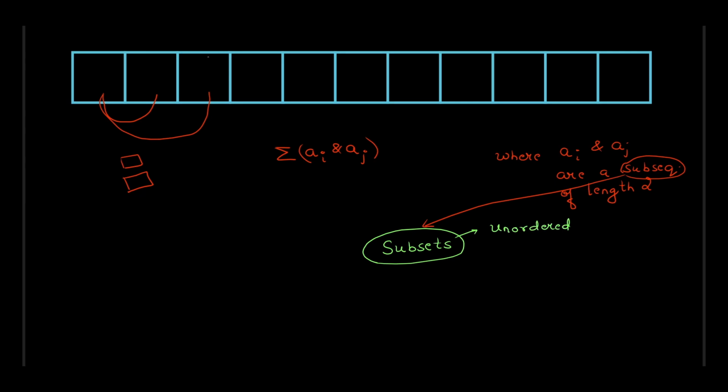Even though the problem asks you to do something with a subsequence, what you do with it is commutative, in the sense that bitwise AND of AI and AJ is equal to bitwise AND of AJ and AI. So even though the problem is asking you to deal with subsequences, if it is not really getting the benefit of the ordering of the elements, it makes much more sense to think about all subsets of length 2.